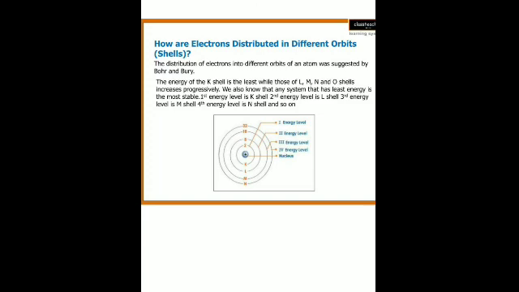Now you can see that this atom has how many shells? As given in your book also, it is carrying 4 energy levels or 4 orbits. So shell number 1 is n equal to 1, shell number 2 is n equal to 2, shell number 3 is n equal to 3, and so on.